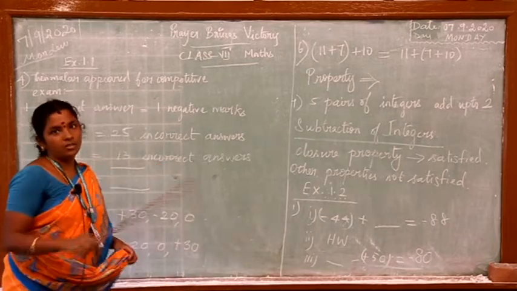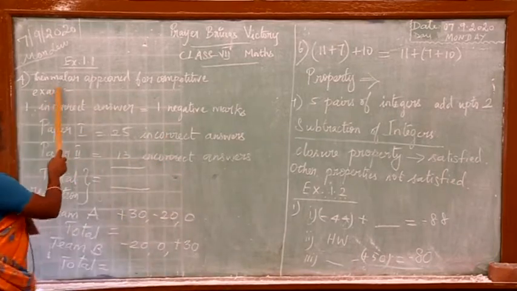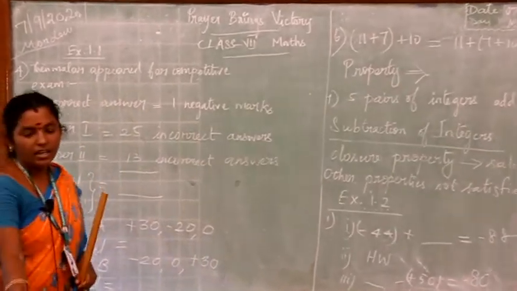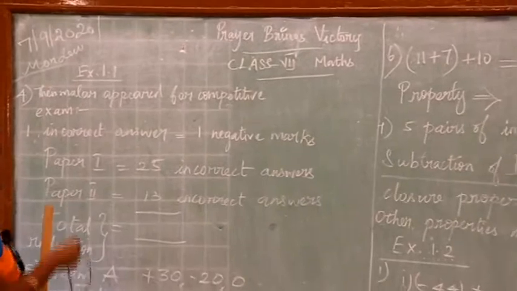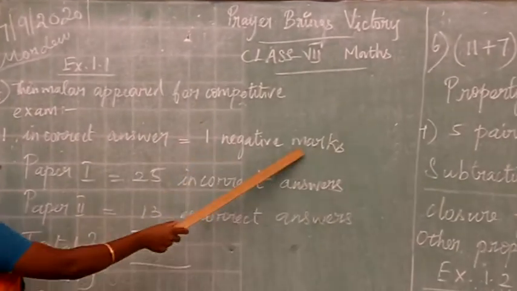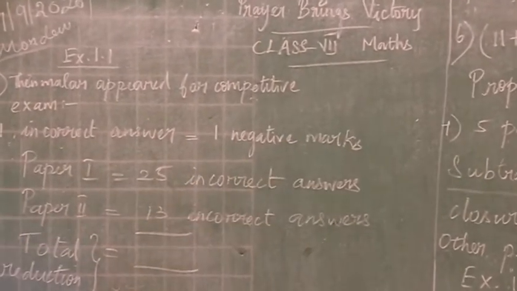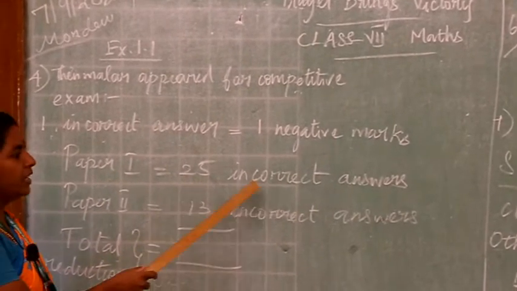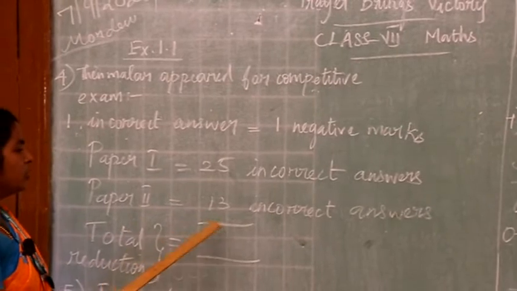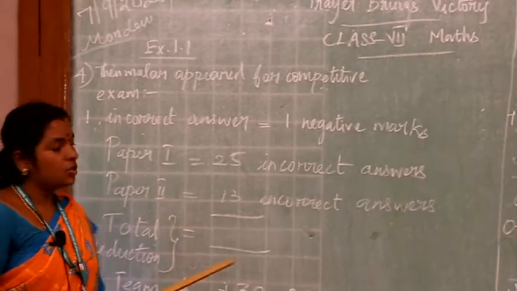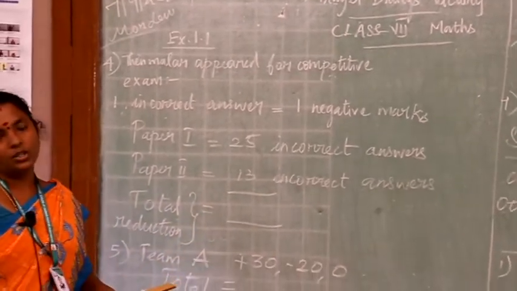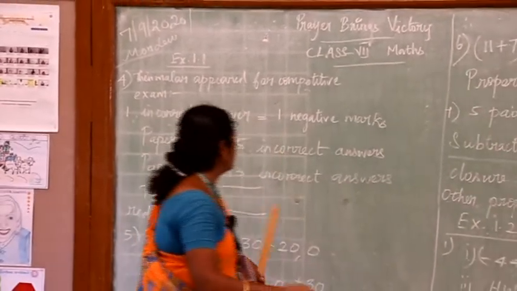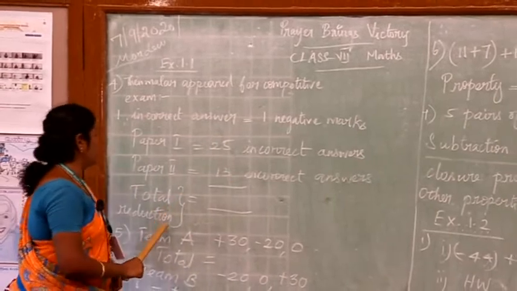This is your first word question, question number 4. Tenmalar appeared for a competitive exam. For each incorrect answer they gave one negative mark. In paper 1 she had 25 incorrect answers, and in paper 2 she had 13 incorrect answers. What is the total deduction of marks?